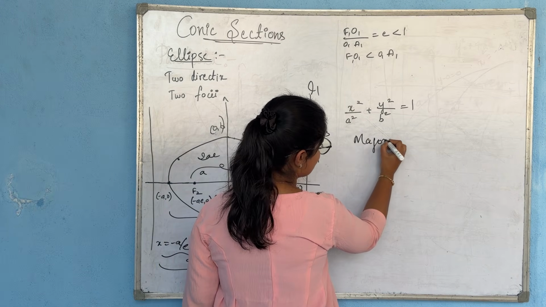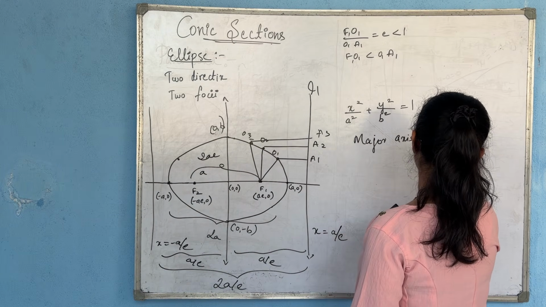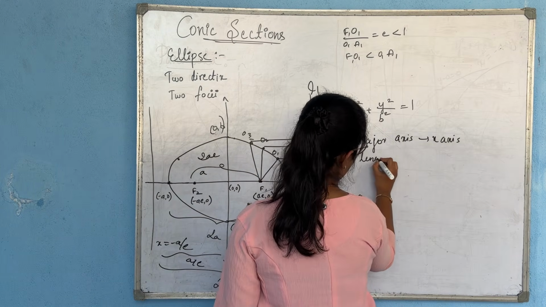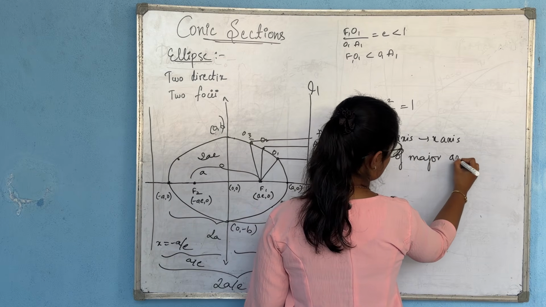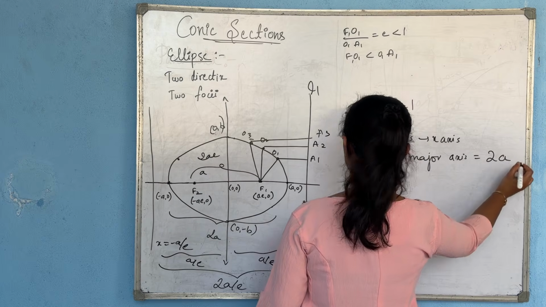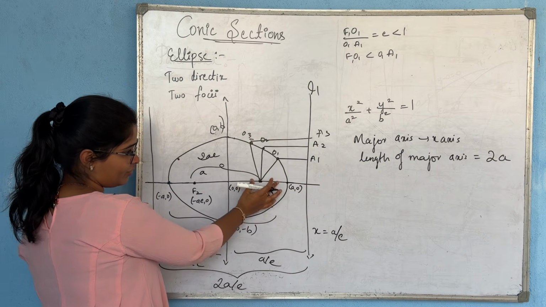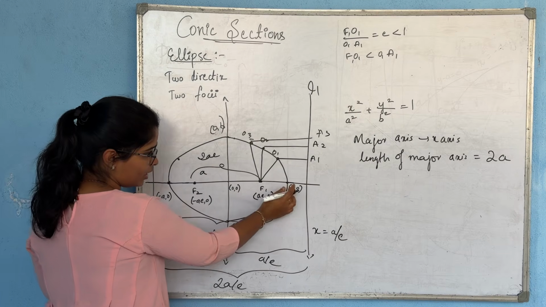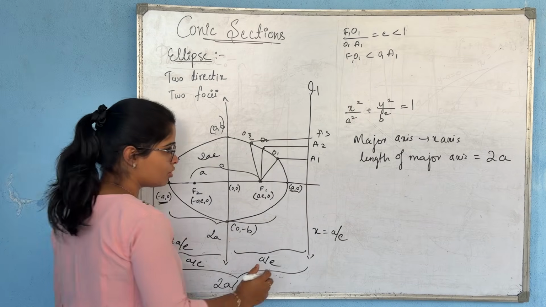So, here major axis is x axis, and length of major axis is given as 2a, that is this length is given as 2a. Why 2a? Because the vertices here are named as a, 0 and minus a, 0, then the length will be equals to 2a.